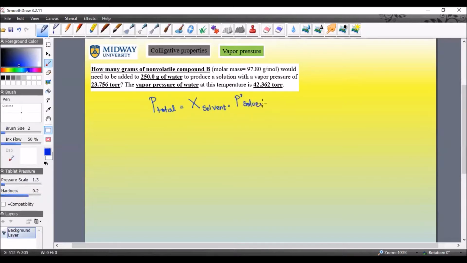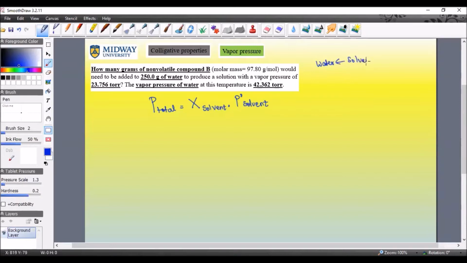You would wonder, why do I not do it for the solute? Because you're only given the vapor pressure of the total mixture, the solution, and the vapor pressure of water. You can only do it if the vapor pressure of water is given, and water is a solvent.